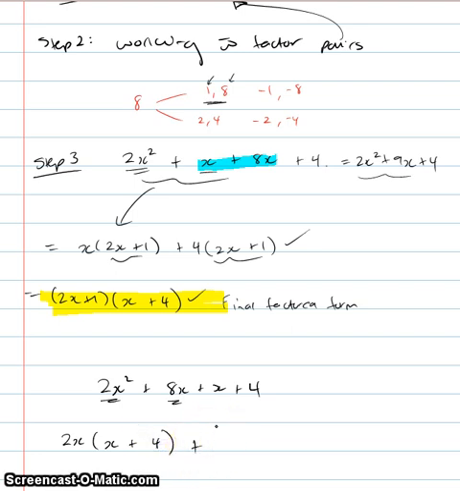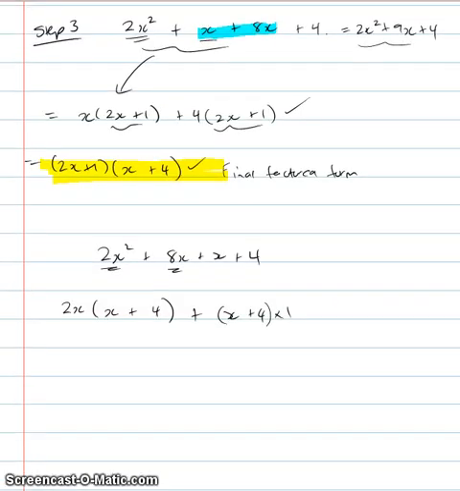And if I look at the rest, there's no common factors between x and 4, so I have x plus 4, but I can think of that as x plus 4 times 1, can't I? Okay, so what's common between this term and this term?